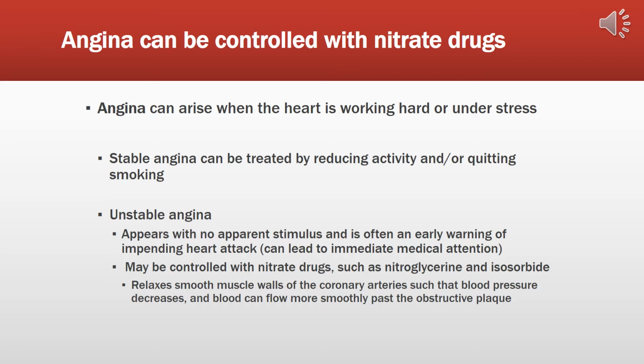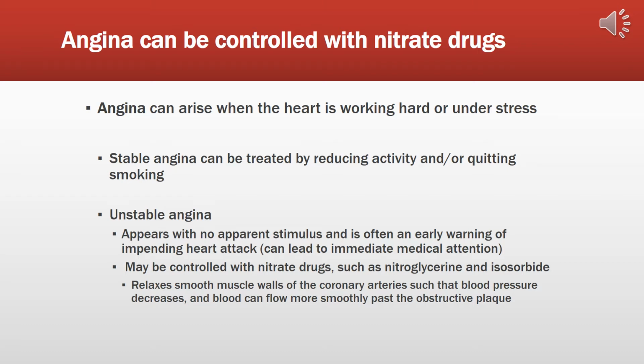This is usually the type of angina that serves as an early warning sign of impending heart attack, and this would cause probably all of those symptoms we saw in the last slide. And this would mean that we need immediate medical attention if these symptoms are occurring.